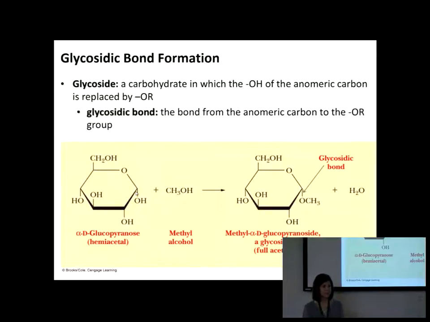You guys need me to say that again? To find your anomeric carbon, you look at the oxygen in your ring, and if carbon number 6, or whatever carbon is hanging off your ring structure, is pointing up, then you look to the right, and that will be your anomeric carbon.